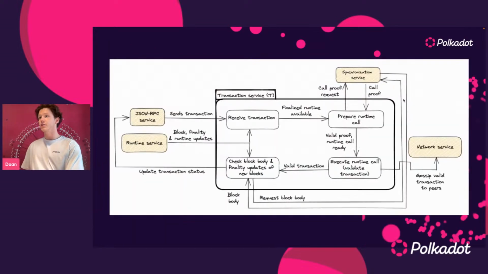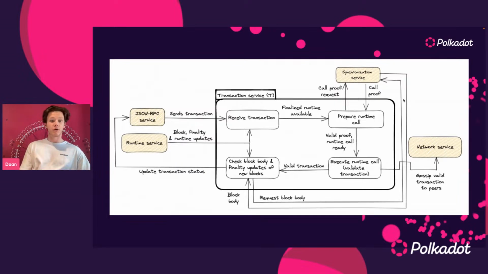What is cool is, how do we verify a transaction? We use the runtime again, so we need the finalized runtime. Oh, and I forgot to mention that in order to execute a runtime call, Smoldot has no state.